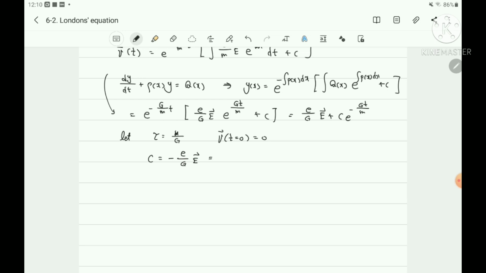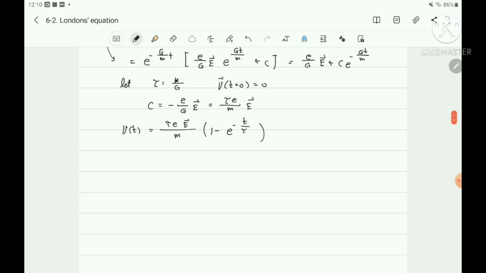Then from the relaxation time tau, e over m E. Therefore, the solution for the velocity as a function of time is e tau over m E, 1 minus exponential minus t over tau. It is the solution for the velocity.